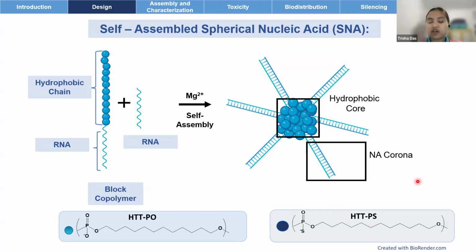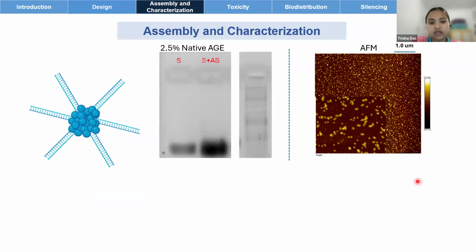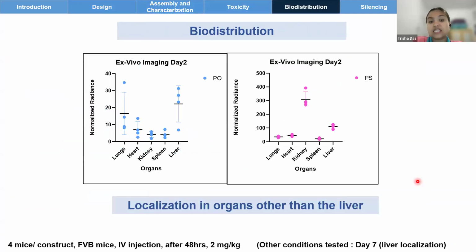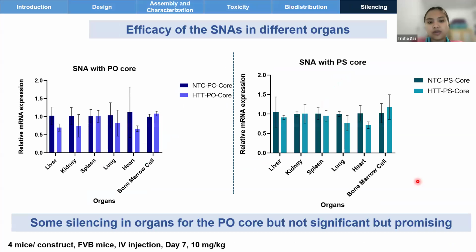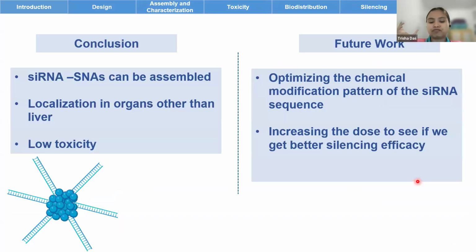Since just by changing a very small oxygen to sulfur, we are seeing this difference, we are going into more different core chemistries, essentially with the same siRNA, and also because our results here are promising, but they are not here. So we'll still be changing the pattern of the siRNA to check if we can have more efficacy as well later on. Okay, well, thank you very much.